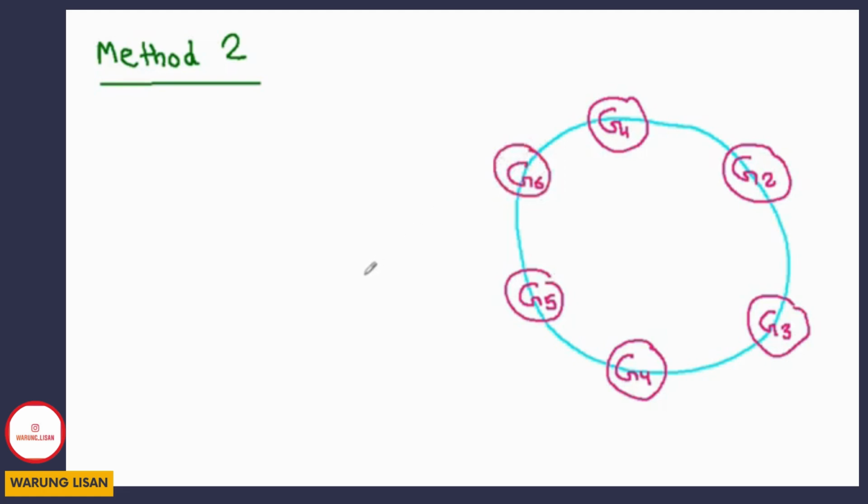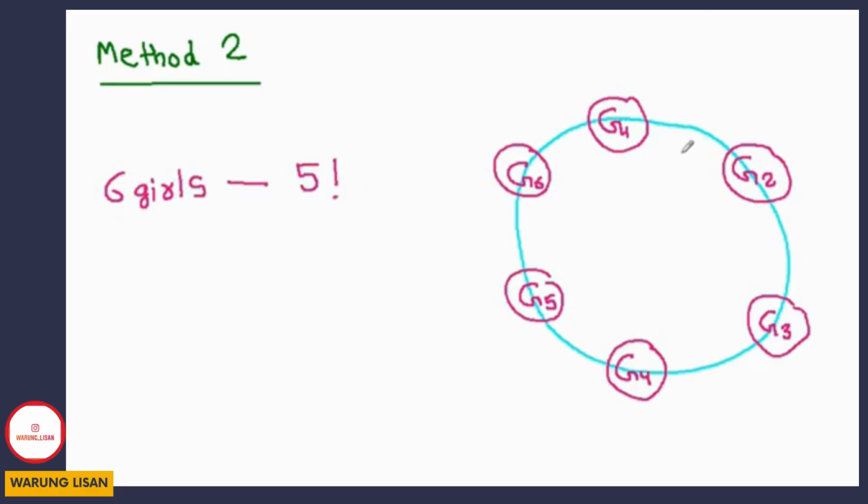So can I say that the number of ways to arrange these 6 guns in a circle is 5 factorial. Number of ways to arrange 6 guns in a circle is 5 factorial.